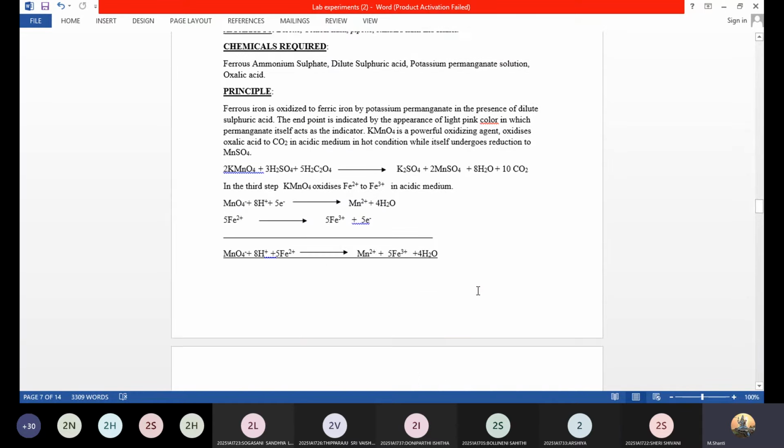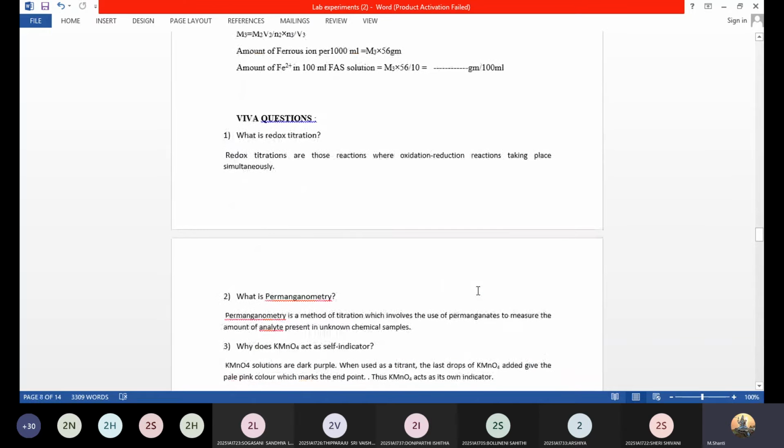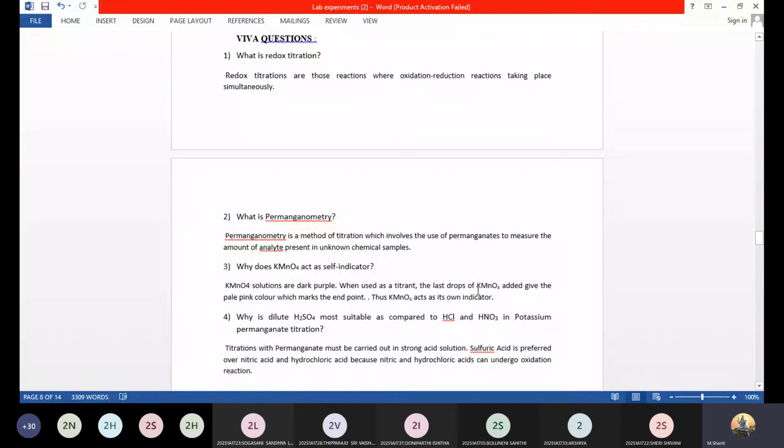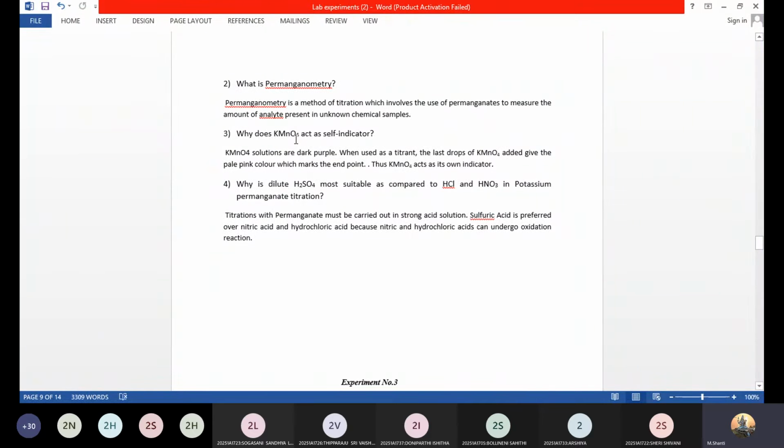Yes, ma'am. Okay. So coming to the Viva questions, what is redox titration? This we have already learned: those reactions wherein both oxidation and reduction take place simultaneously. What is permanganometry? Just go through this. If you have any doubts, I'll explain.